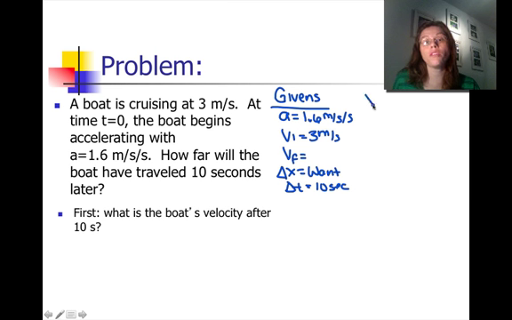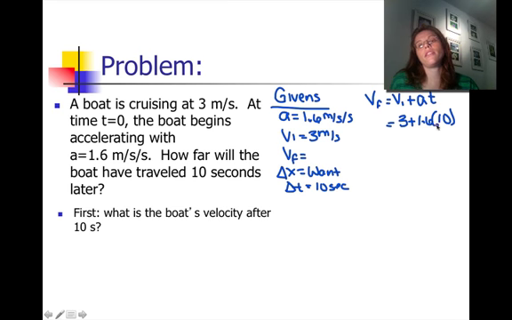So if we use the first equation, VF equals VI plus AT, VF is equal to 3 plus 1.6 times time, which is 10. So 1.6 times 10 is 16 plus 3 is 19 meters per second.